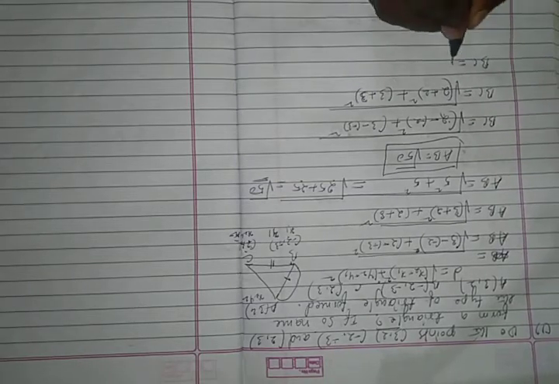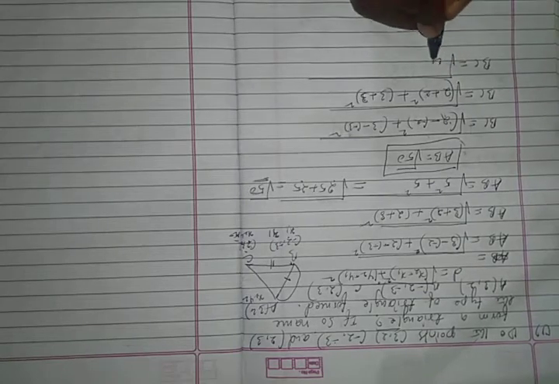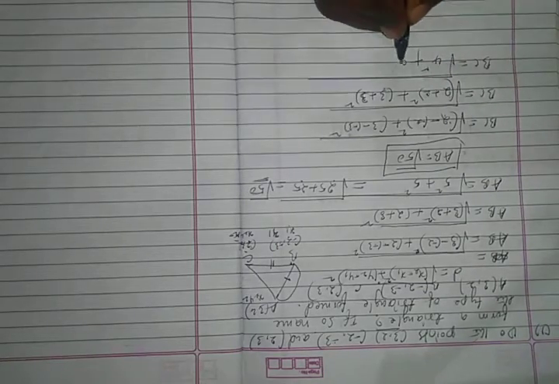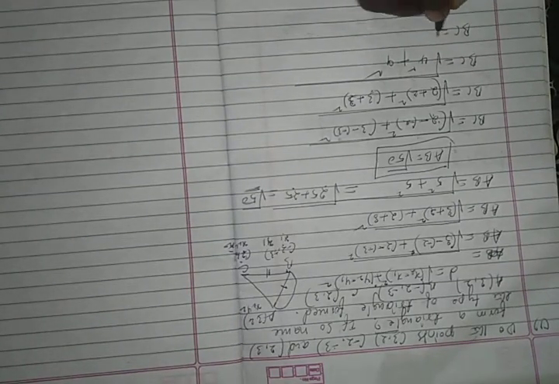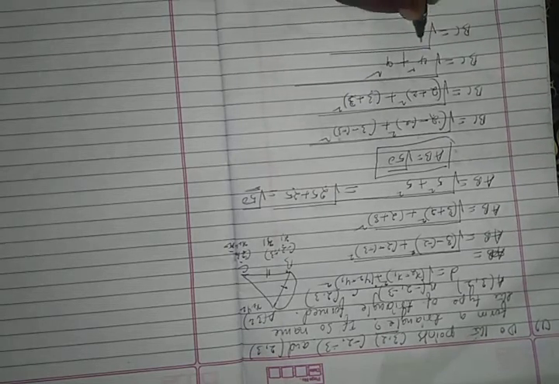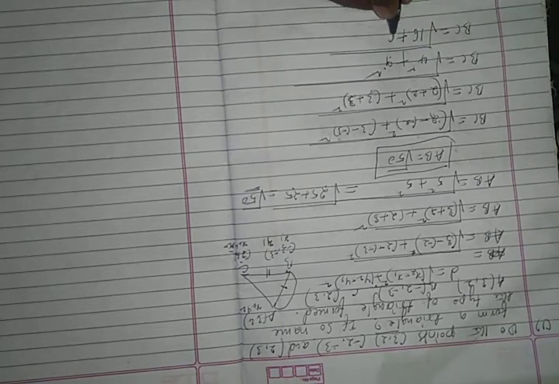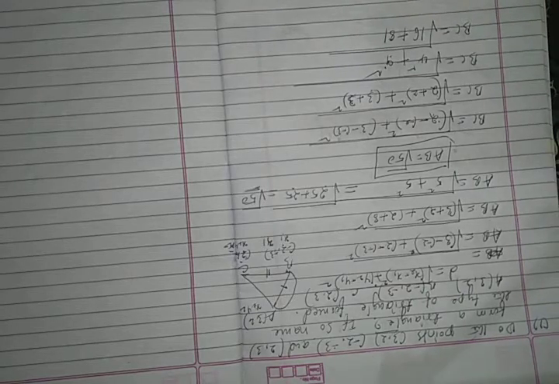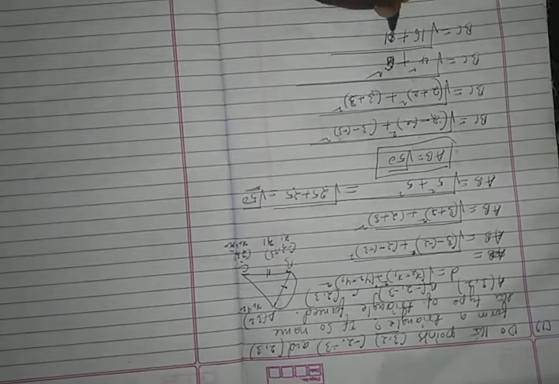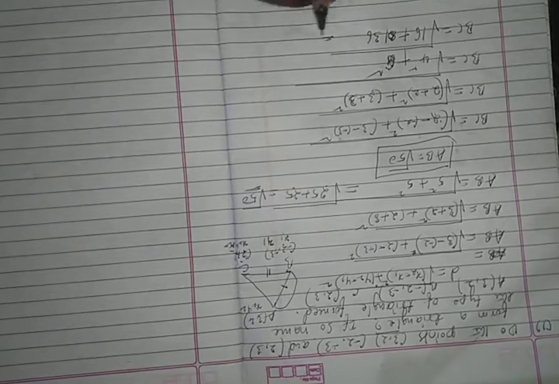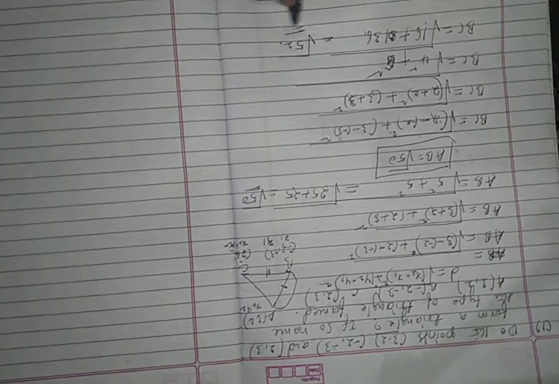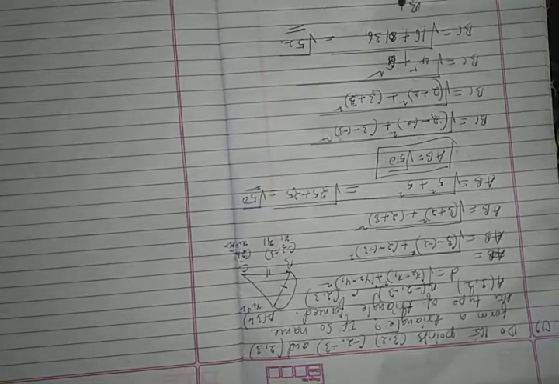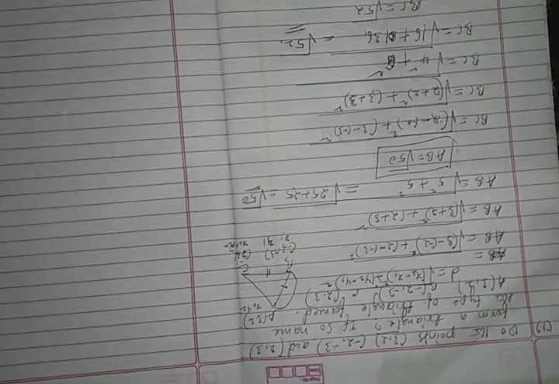Then BC is equal to the square root of 2 plus 2 is 4 squared plus 3 plus 3 is 6 squared, not 9. So BC is equal to the square root of 4 squared is 16 plus 6 squared is 36. 16 plus 36 is 52. So this is the second length. BC is equal to the square root of 52.